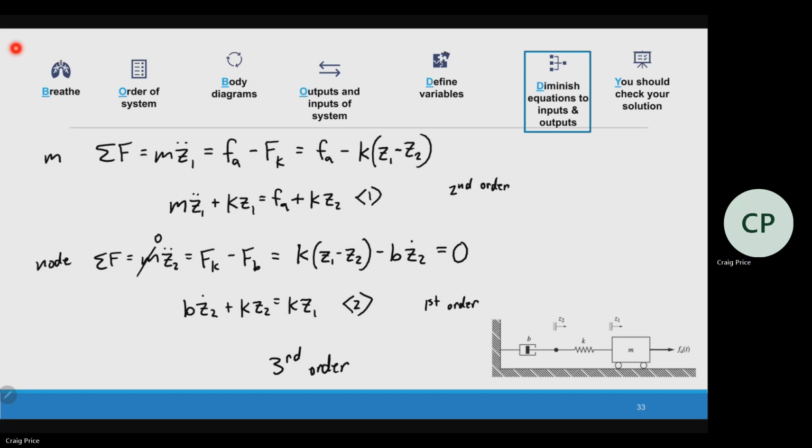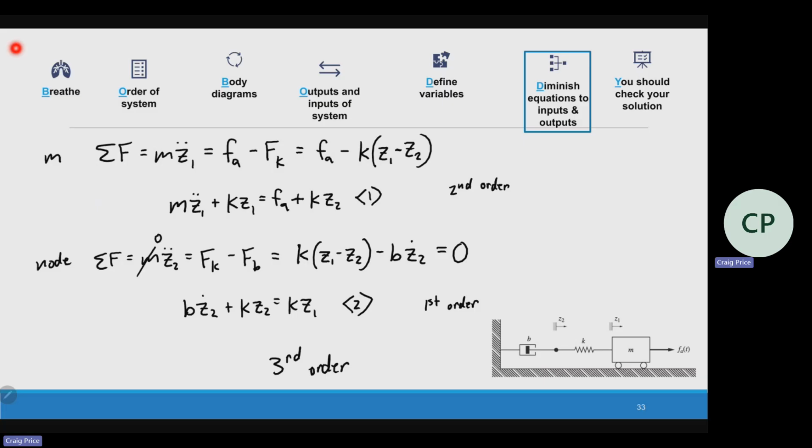As you're doing that, questions? Third order system. Oh, great question. Why don't I put the z2 over here? Because it's not actually the output. For this equation, z1 is the output for the mass.